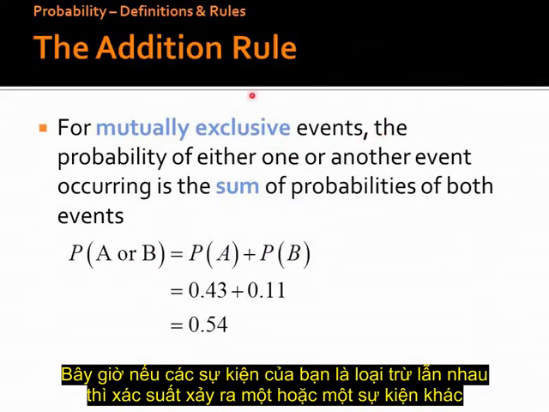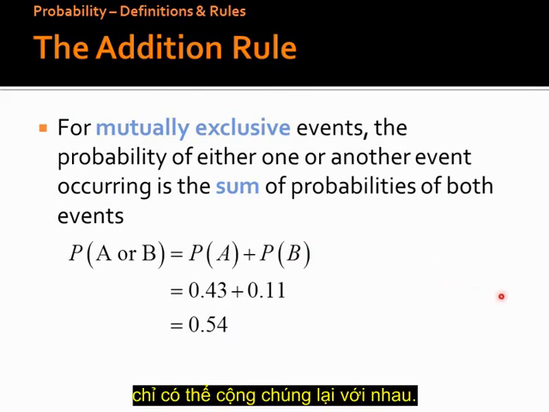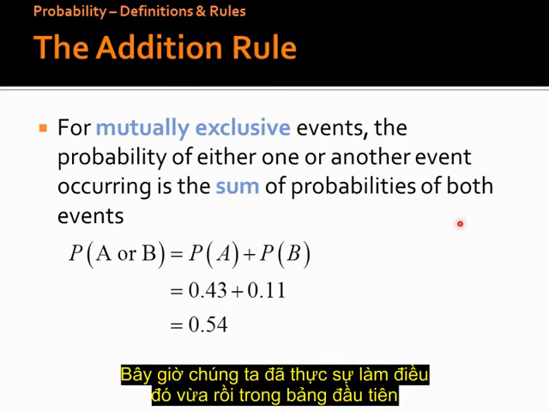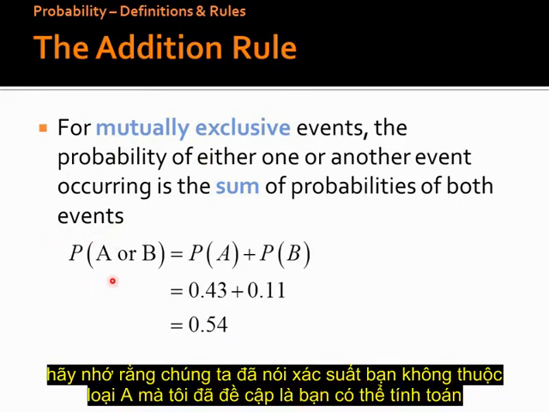Now, if your events are mutually exclusive, then the probability of either one or another event occurring is the sum of the probabilities of both events. Meaning that if you want to know the probability of me being one outcome or another outcome and so on and so forth, you can just add them together. We actually did that just now in the first table. Remember, we said, what's the probability of you being not type A?